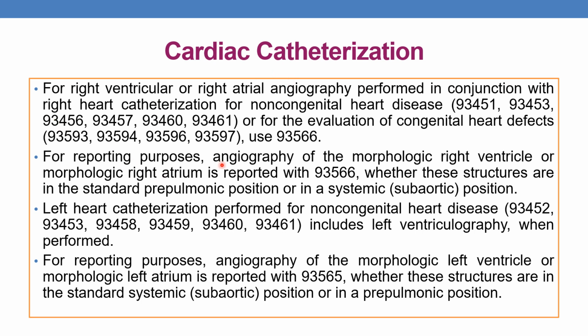For reporting purposes, angiography of the morphologic right ventricle or morphologic right atrium is reported with 93566 when these structures are in the standard prepulmonic position or in a systemic, that is subaortic, position.